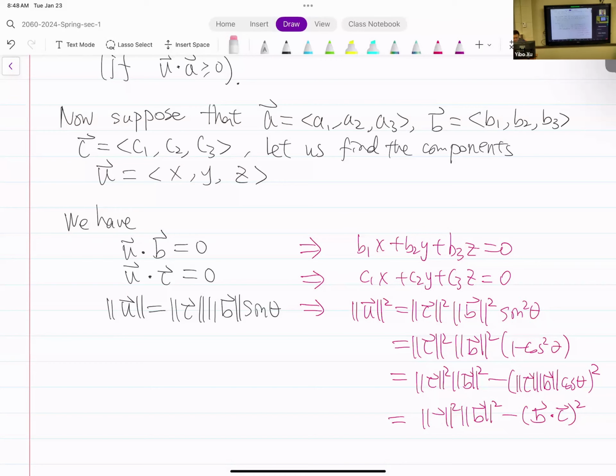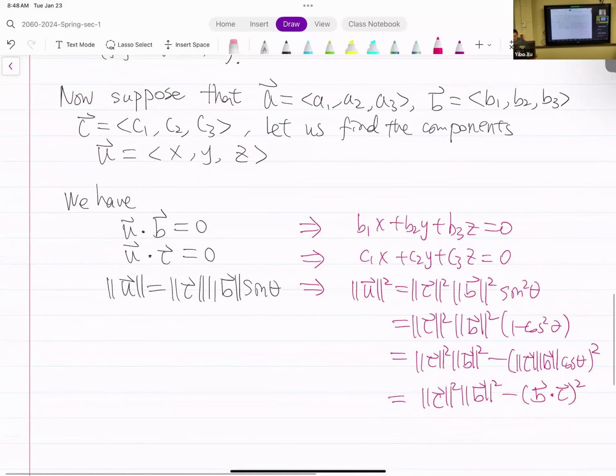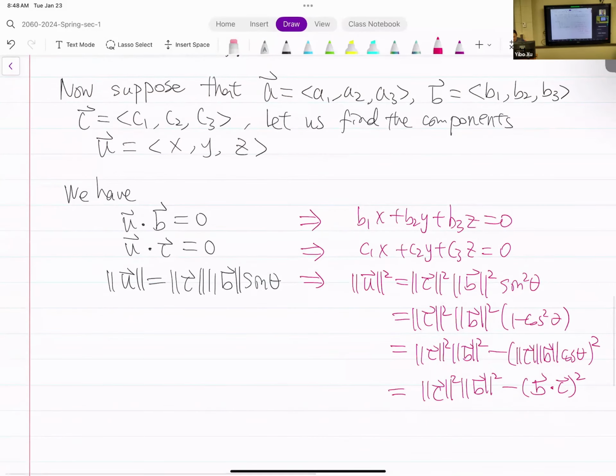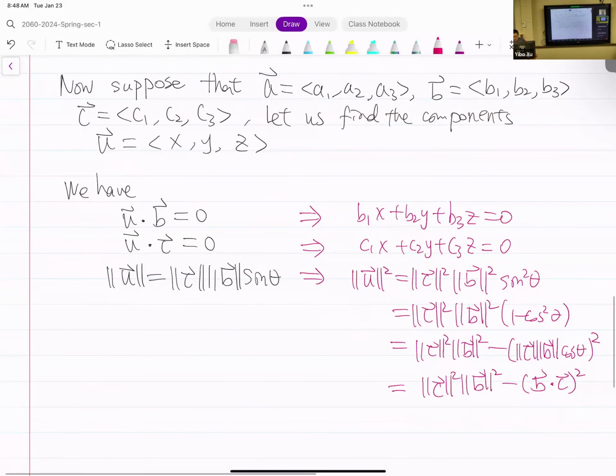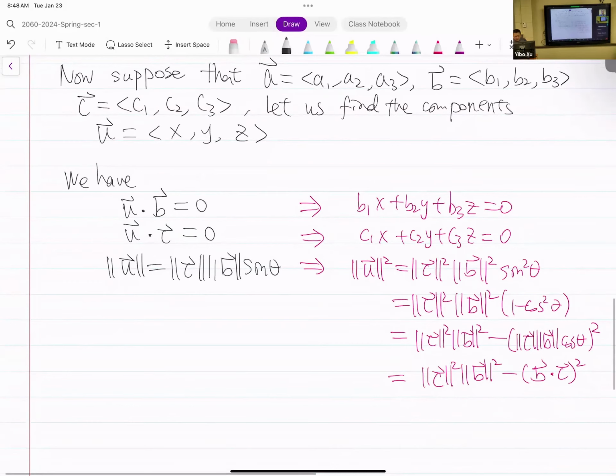That doesn't really matter. Okay, so now we are able to write the equations in a nice way, because now every magnitude is just the sum of squares, and the dot is just the component-wise product added up.